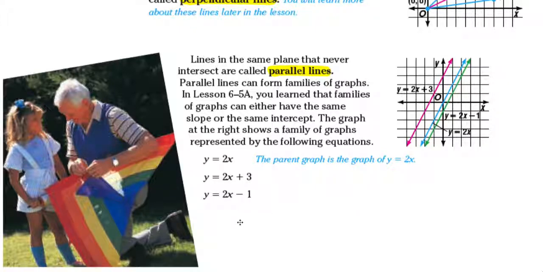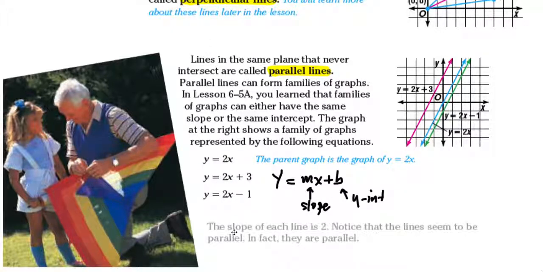And if you remember the slope-intercept form, it goes y equals mx plus b. m is our slope, and b is our y-intercept. So in all these three lines, what do you notice? That the slopes are all the same. So their slopes are all equal.